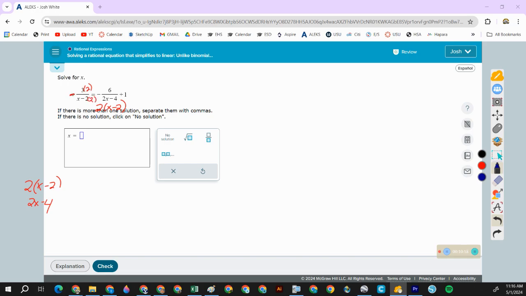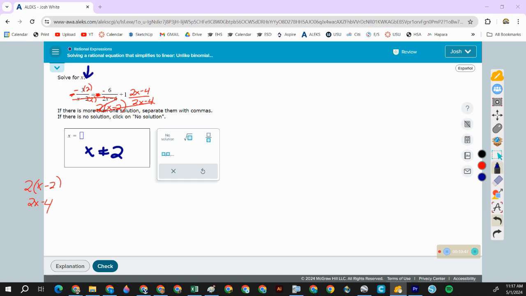And I'm going to put the negative on top. The second fraction has everything it needs, but I'm going to move the negative to the top. And the third fraction needs a 2 and an x minus 2, also known as 2x minus 4 over 2x minus 4. Now my denominators can go away. X is not allowed to be 2.